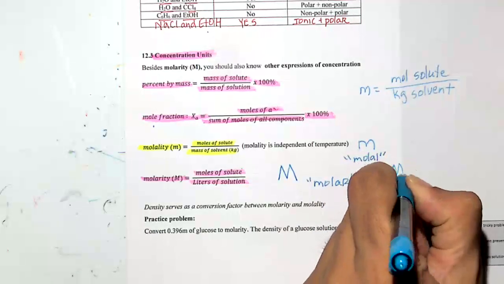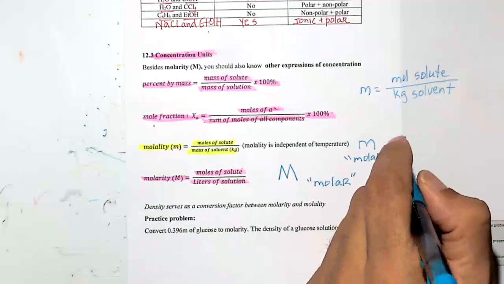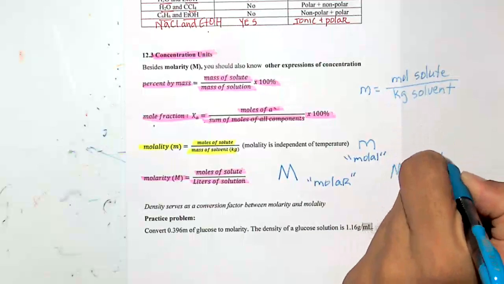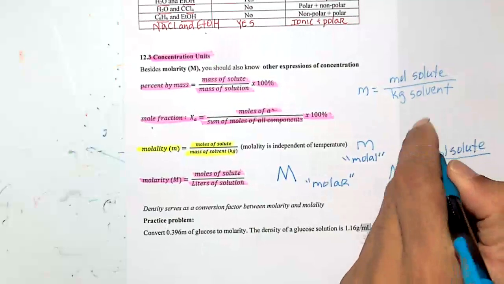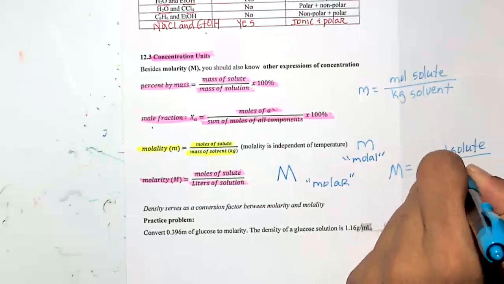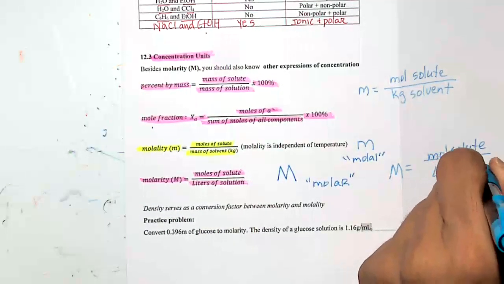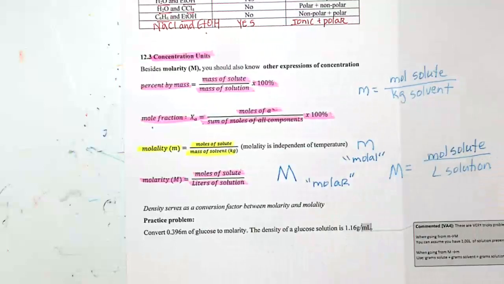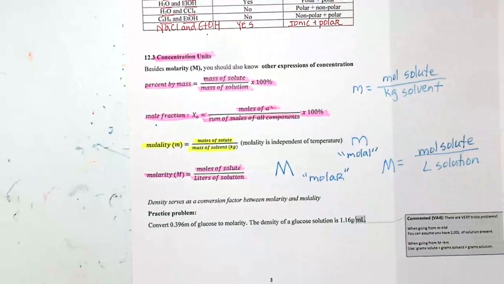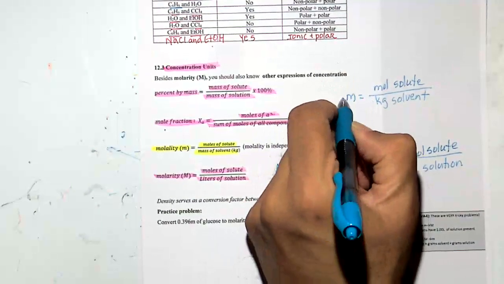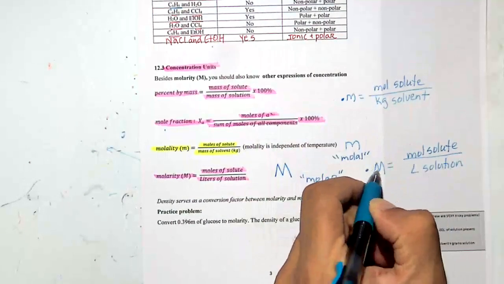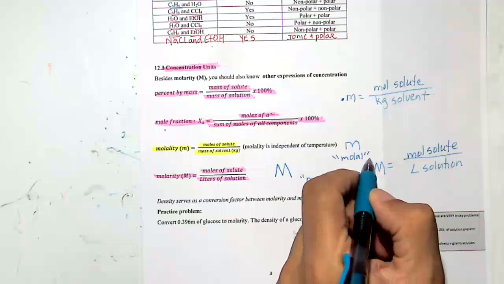Now, on the exam, if they ask you the units of molarity or molar, what will you say? Over what? Liter of solution. So we have molality and molarity. These are the two concentrations that we see a lot in chemistry.